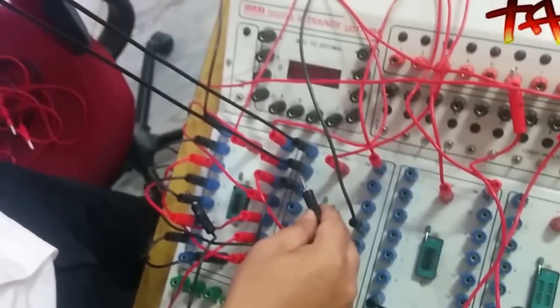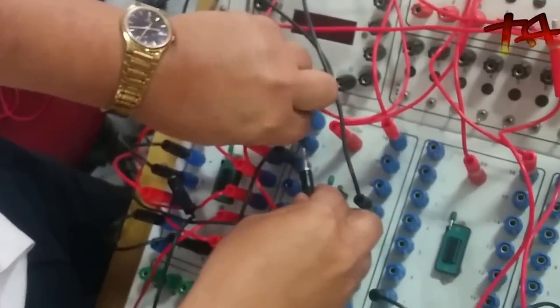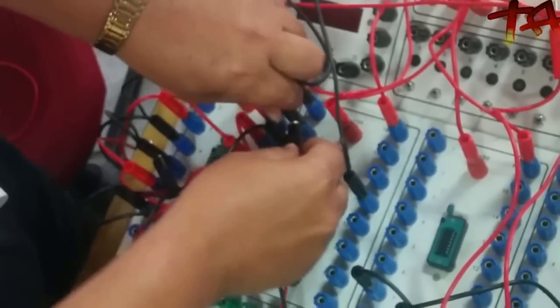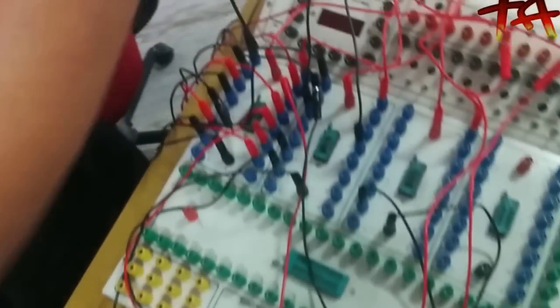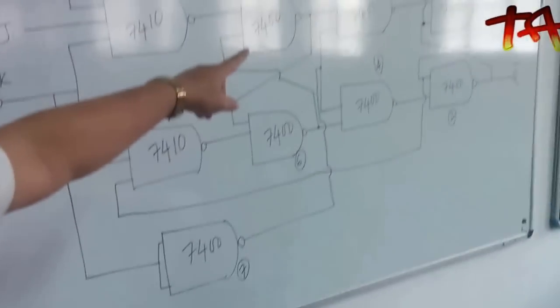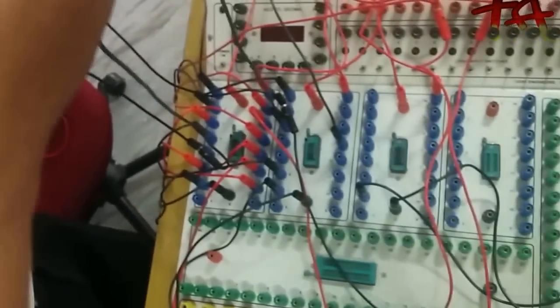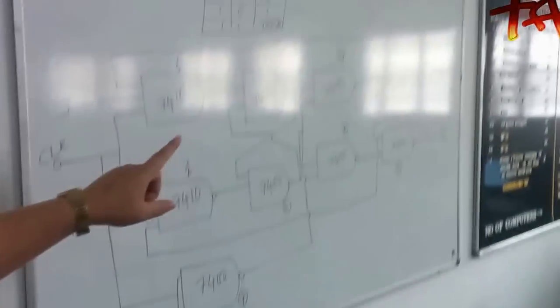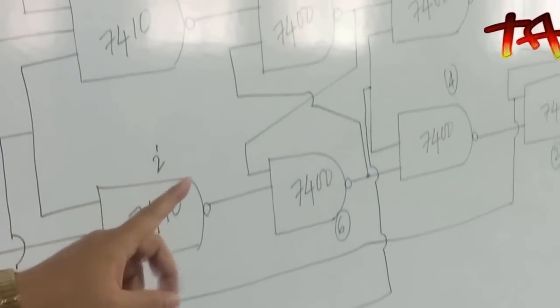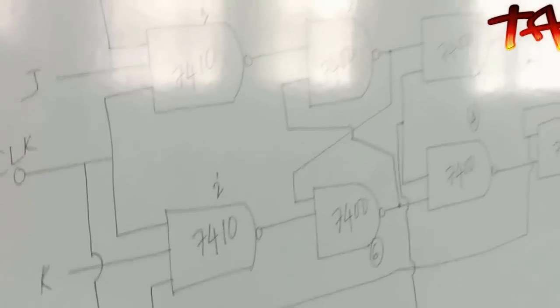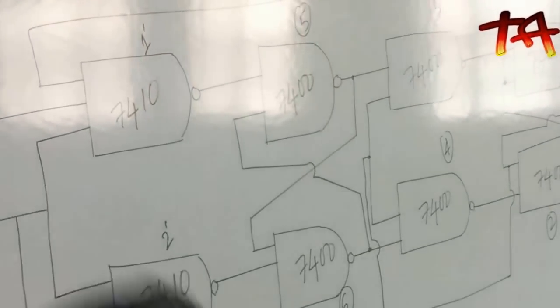Therefore, this is the clock here, and I am connecting to this. You can see the output of the 7 has already been connected to the 3 and 4 input. Therefore, 3 and 4 are completed, and 5 and 6 output is completed.